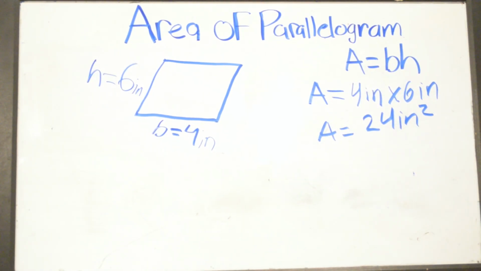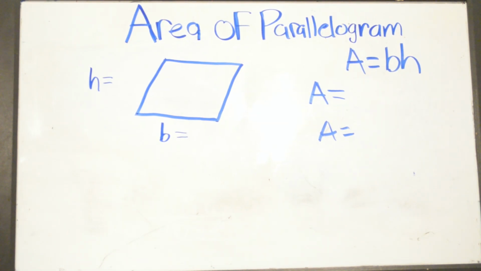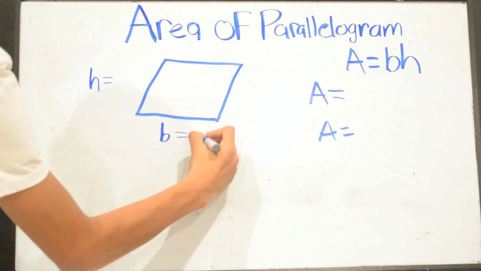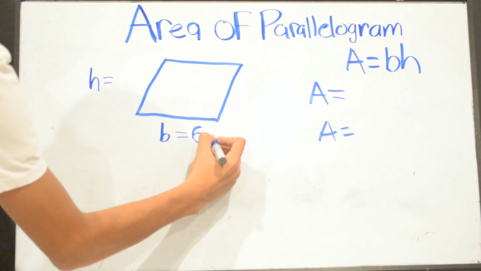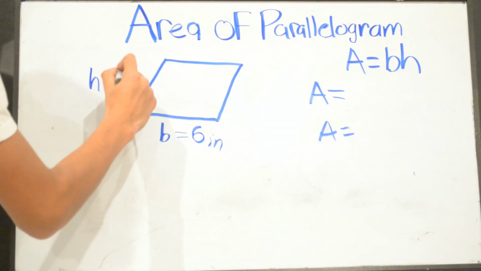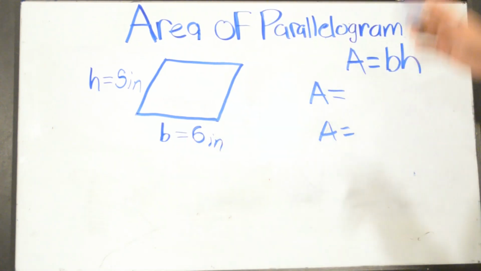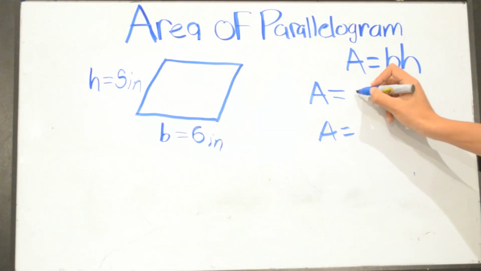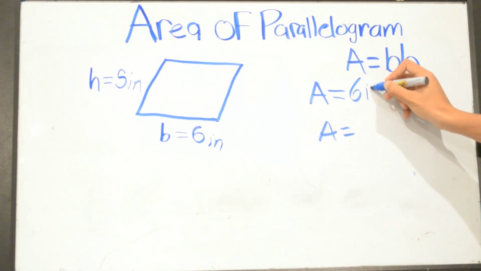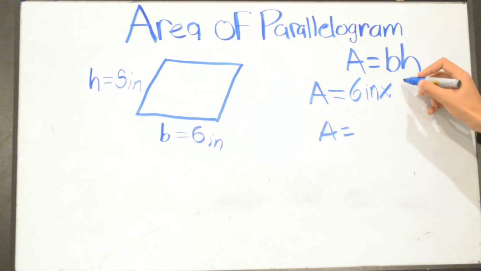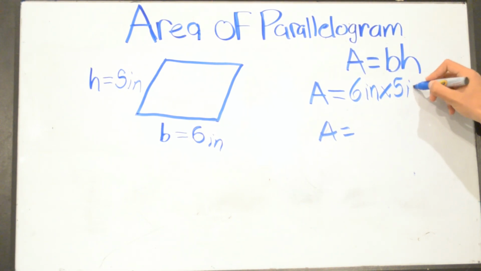Another example for a parallelogram is our base is going to be 6 inches and our height is going to be 5 inches. So here we write down 6 inches times 5 inches.